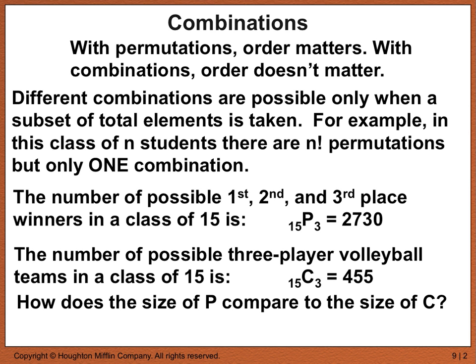The reason that's true, you probably already figured it out, is that there are a lot of ways to order 3 different people. You can have James, Bobby, Sally, or Sally, Bobby, James, etc. There are 6 different ways to order 3 people. But for a 3-player volleyball team, there's just one way of having the 3 people because it's a combination and order doesn't matter. That qualitatively helps us understand why there are always more permutations than combinations.